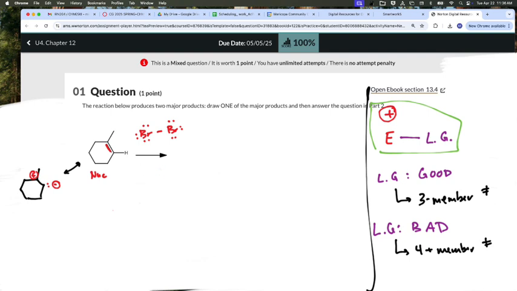And to answer that question, several of you are pushing on it, which is good. What I would do is move back to the chapters that we were just looking at. If this was my substrate, what happens? Bromine acts as a great leaving group, leaves, and as it leaves, what does it leave behind? A positive charge. Right?